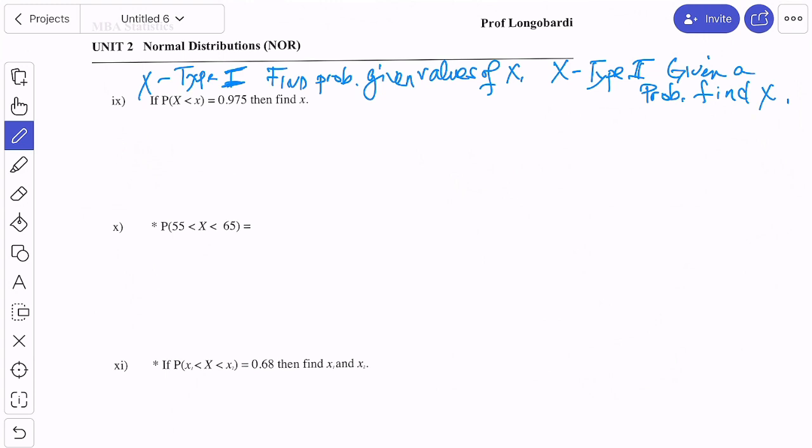So probability or percentage or proportion. I give you a probability and you have to find x. I'm still going to sketch this.